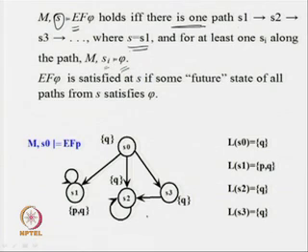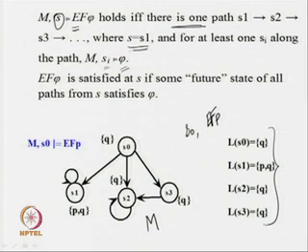Again look at this particular model M, where my state of concern is S 0 and the formula is E F p. There exists a path in the future where p holds, and this is the labeling function: q, p, q in state S 1, in S 2 q is true and in S 3 q is true. We have the path S 0 to S 1 to S 1 and so on, an infinite sequence.